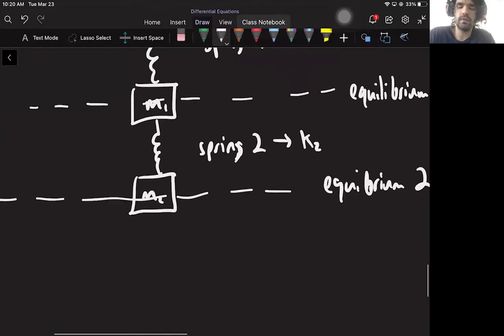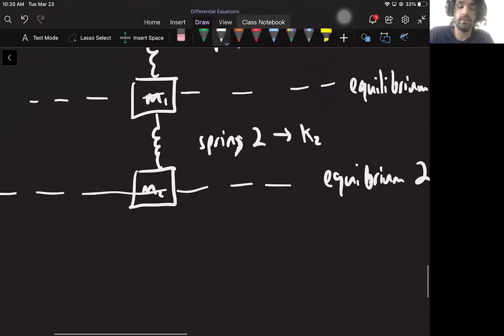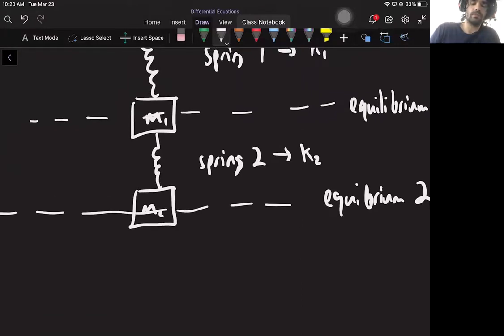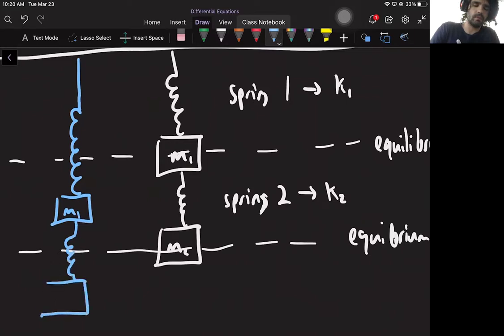And then we can set it in motion just like before by moving it somehow. But there's going to be lots of different things going on. Okay, so then once it's moving, let's pretend this blue thing is when it's moving.